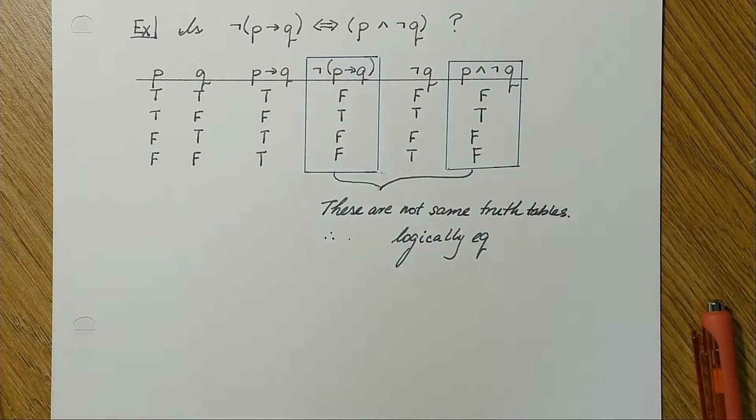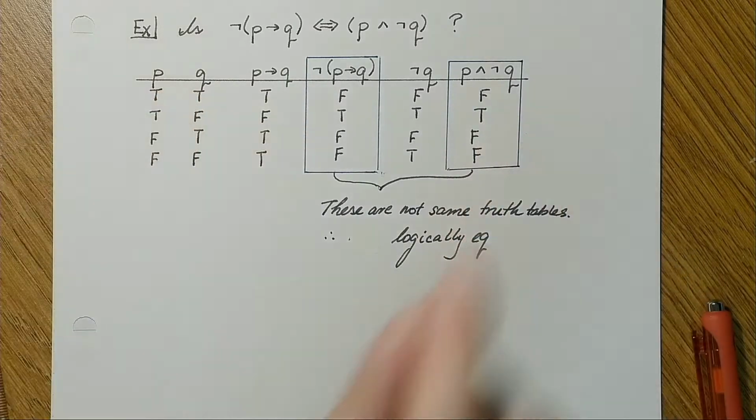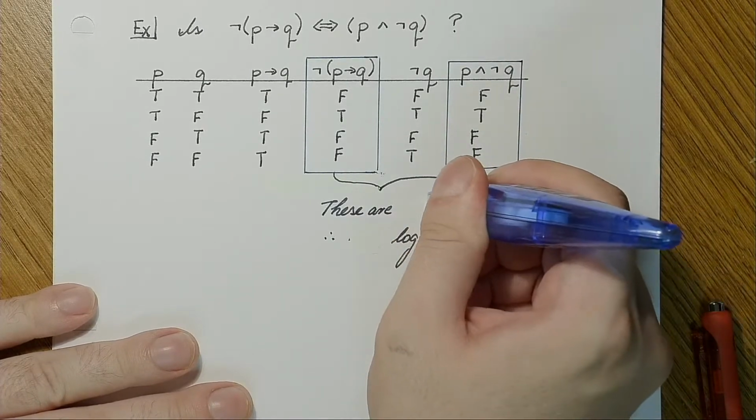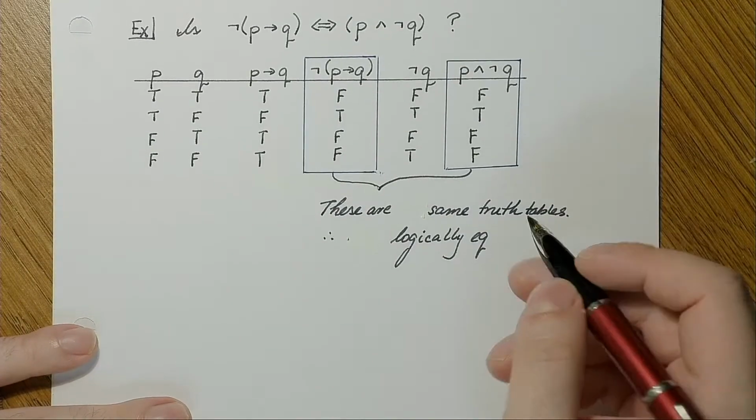There we go. So false, true, false, false. So yes, those are the same truth tables. So therefore it's logically equivalent.